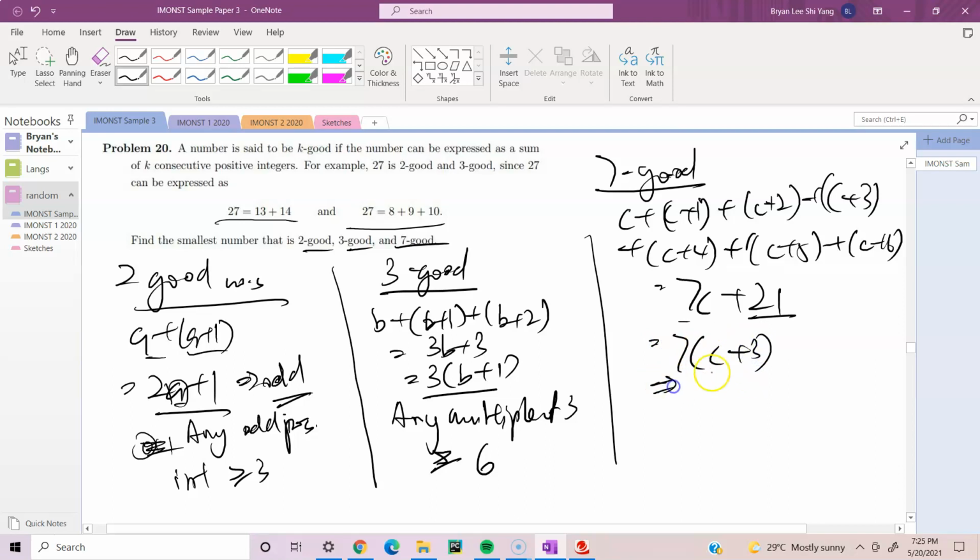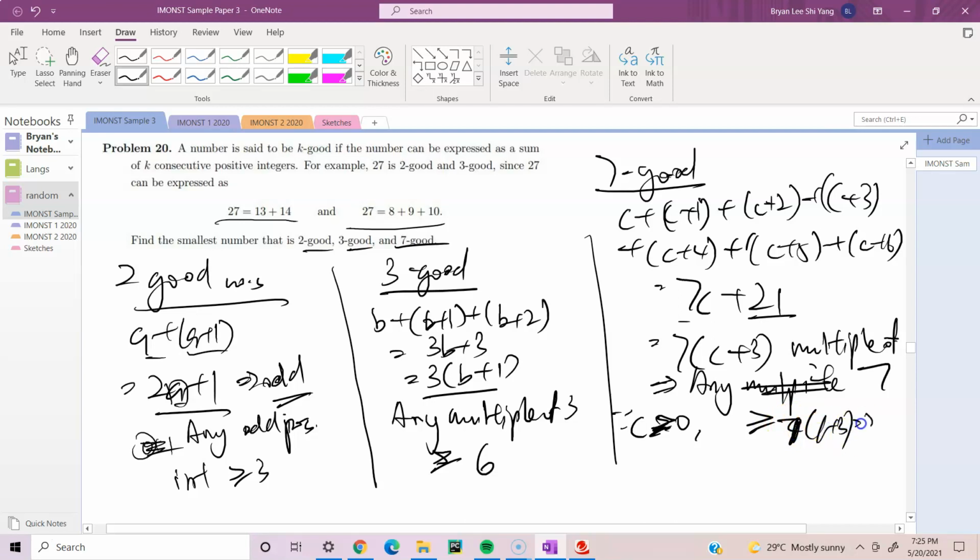From here, we can conclude again that any multiple of 7 is a 7 good number. Of course, since c is larger than 0, any multiple of 7 larger than or equal to 28, which is 7 times 1 plus 3, will fulfill the conditions of being a 7 good number.